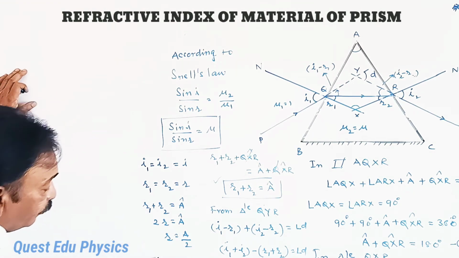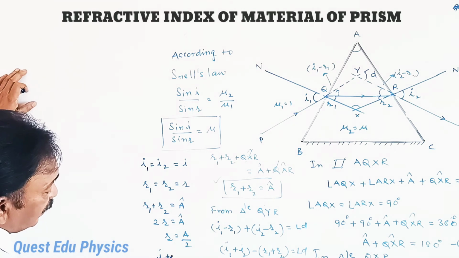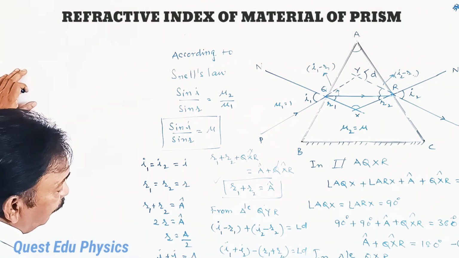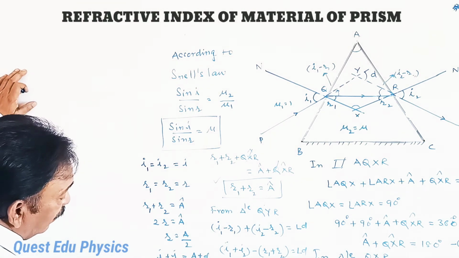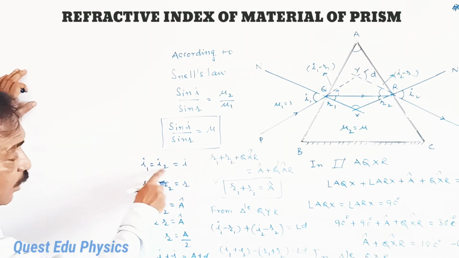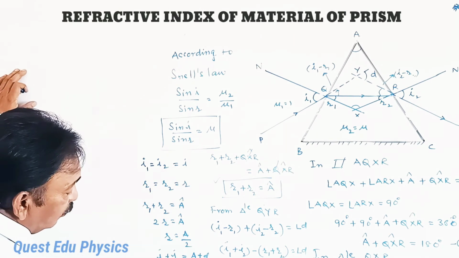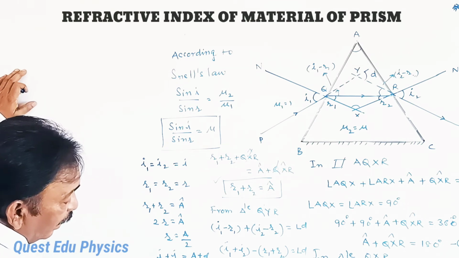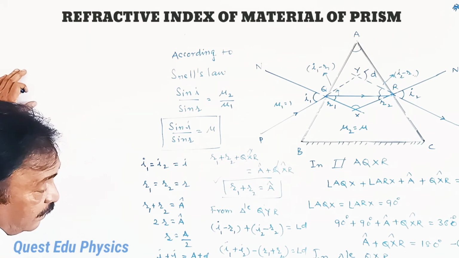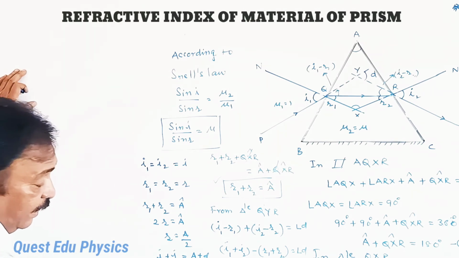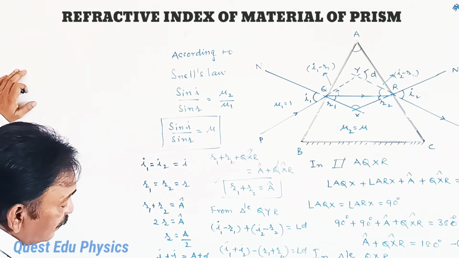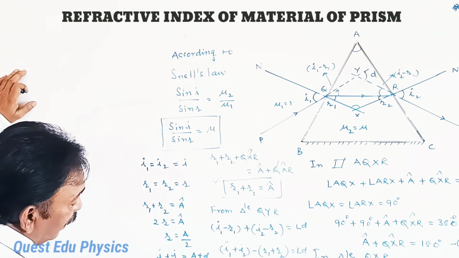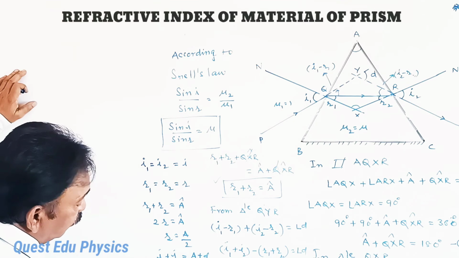Similarly, I1 plus I2 is equal to A plus D gives 2I is equal to A plus D. And since it is the minimum deviation position, I'm writing Dm. That is, I is equal to A plus Dm by 2.